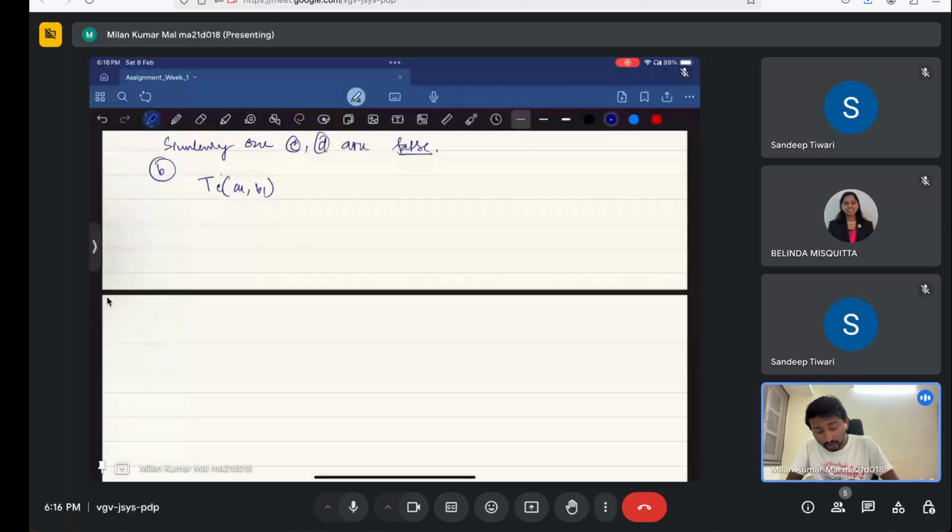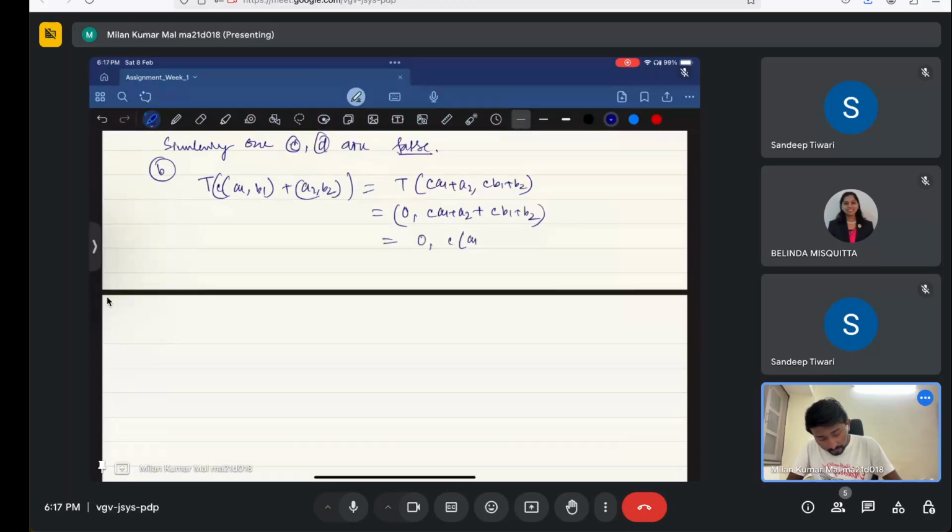Then this is equal to T of (CA1 plus A2, CB1 plus B2). Then by the formula, it is given as (0, CA1 plus A2 plus CB1 plus B2). So one can write this as C of T(A1, B1) plus T(A2, B2).